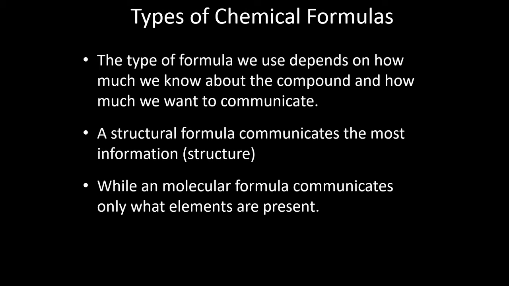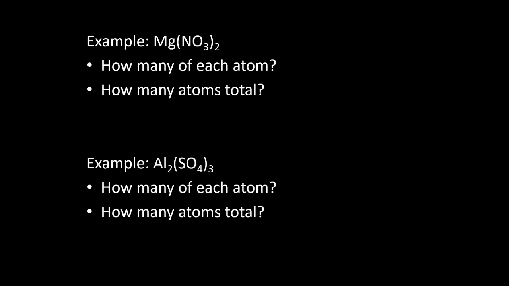So essentially, as we go from one type of structure to another, you're getting more and more information. Empirical formulas, which we'll see in just a second, give you very, very little information. Molecular formulas give you a little bit more information, and structural formulas give you even more information. So it really depends on how much information you need.